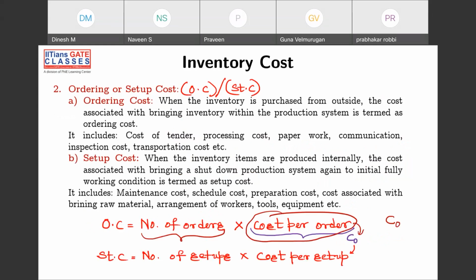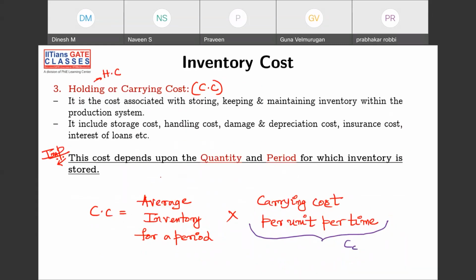That is ordering cost per each order, CO. Or if you are setting up manufacturing, then cost per setup also is CO. And as I told you, carrying cost is average inventory for that period into carrying cost per unit per time, and that is given as C subscript C. Carrying cost per unit per time.